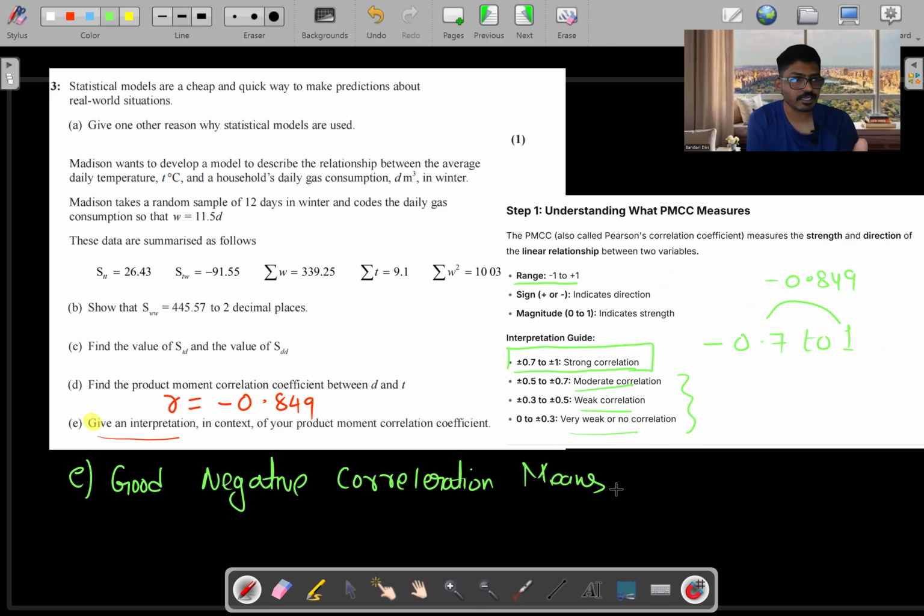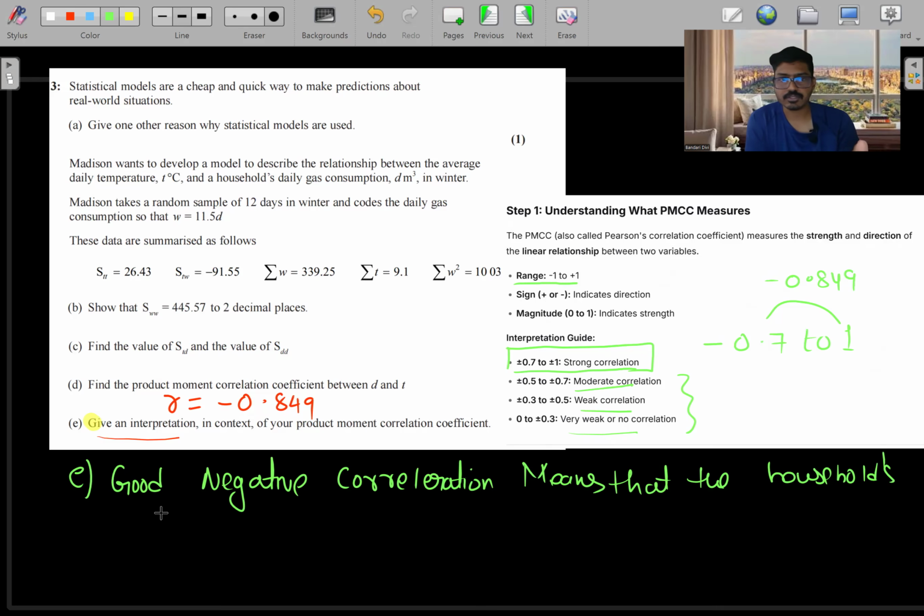It means that households' gas consumption is linear.